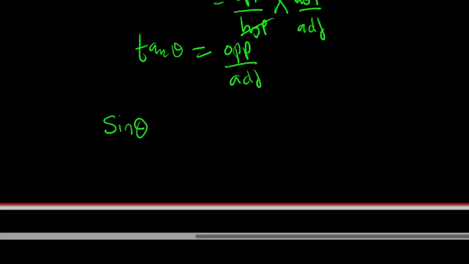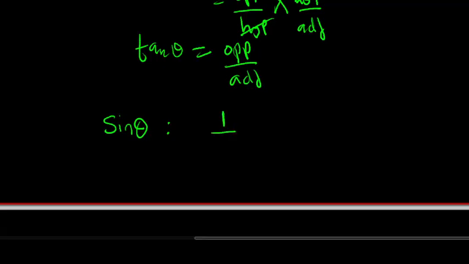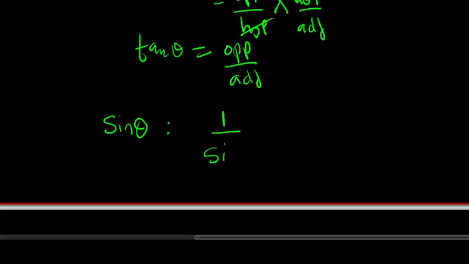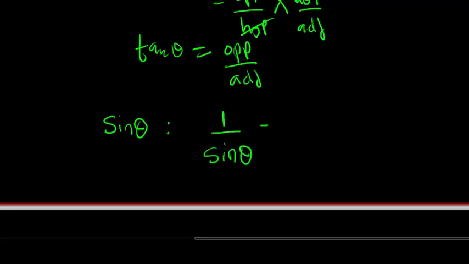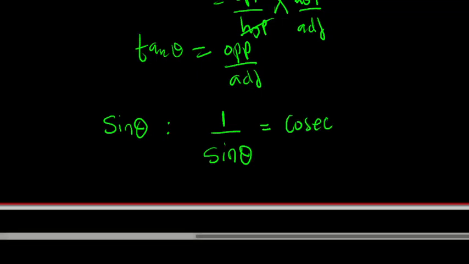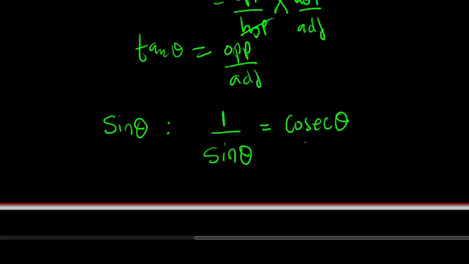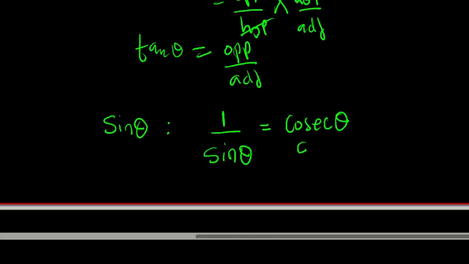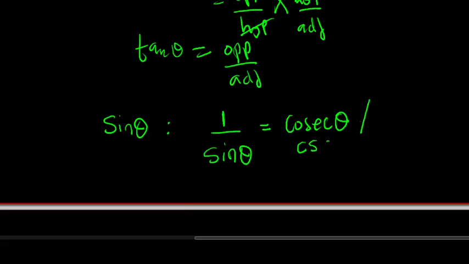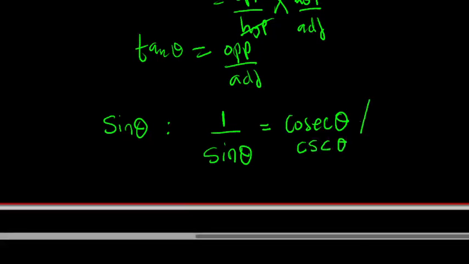And that is cosec theta. That is, we have 1 over sine theta, and 1 over sine theta is cosec theta. Some textbooks can write it as this, cosec theta. It's still the same thing.